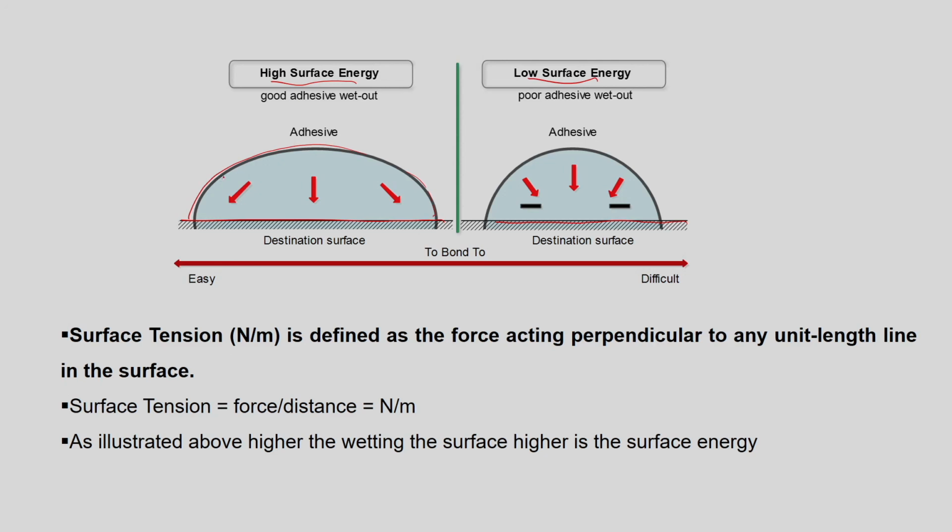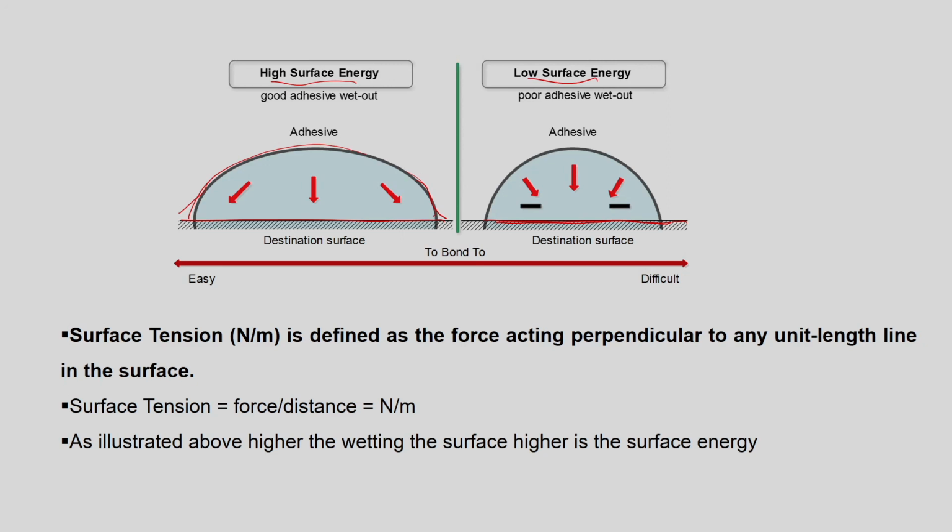Why is it easy? See, it is easily spreading out. So, the molecules can easily increase their area, so the bonding is easy, while here it is very difficult. It is not able to increase the area, okay.